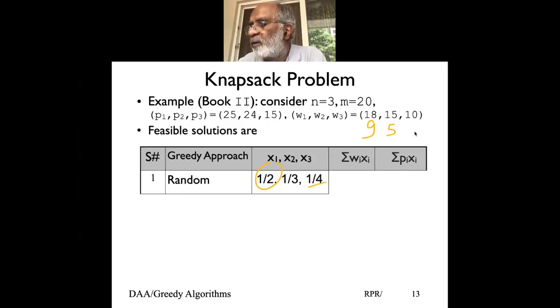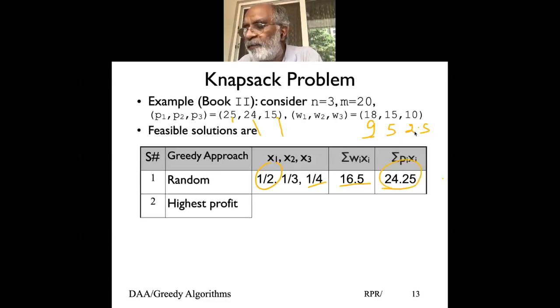For the third item, we take 1/4, which is 2.5 kg. So the total weight is 9 plus 5 plus 2.5, which is 16.5 kg. And if I look at the profit, that means the profit is 1/2 of 25 plus 1/3 of 24 plus 1/4 of 15. My profit becomes 24.25.